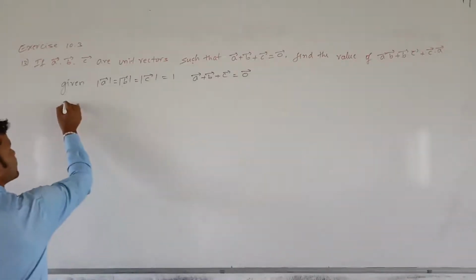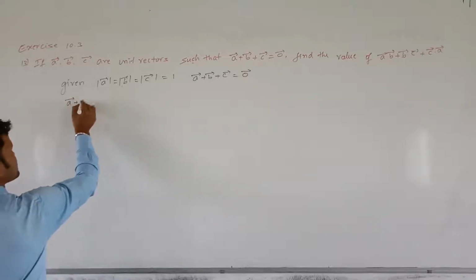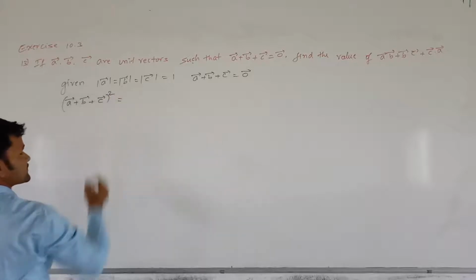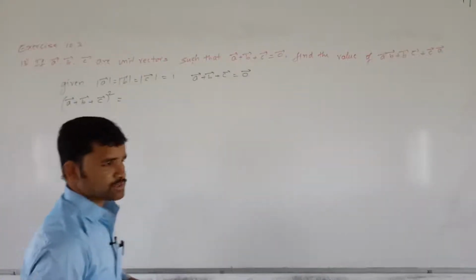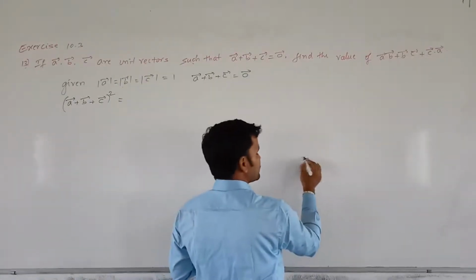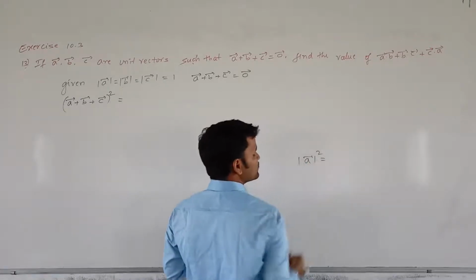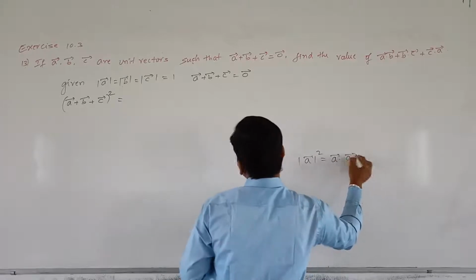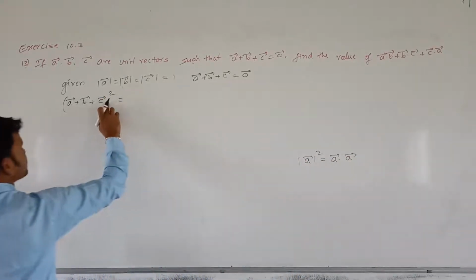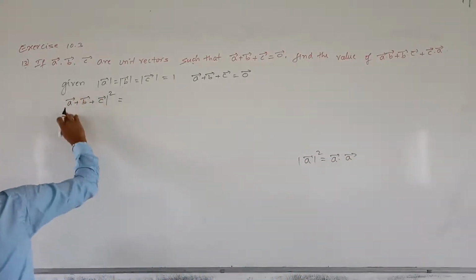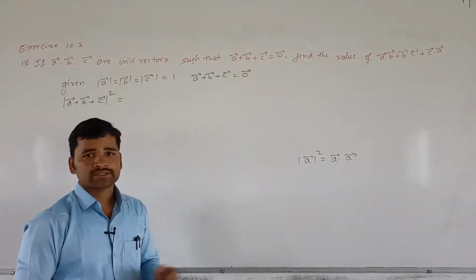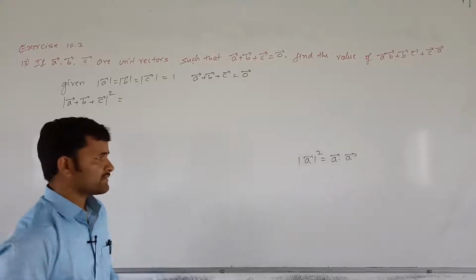Very simple it is. Let me take vector A plus vector B plus vector C whole square. We know that magnitude of vector A square is equal to A dot A. Here also let me take magnitude of vector A plus B plus C. Already it is given A plus B plus C is a null vector, so its magnitude will be 0 only.